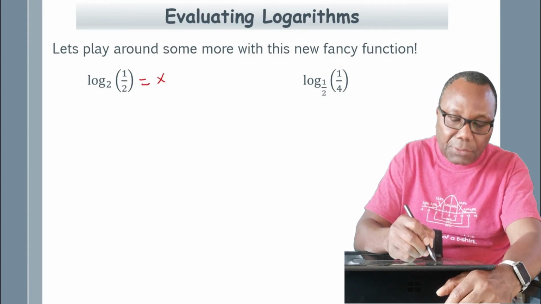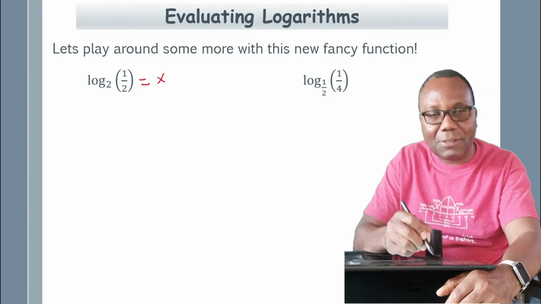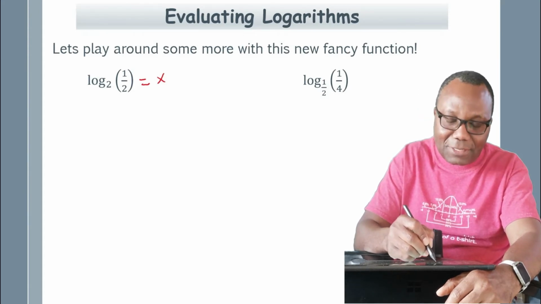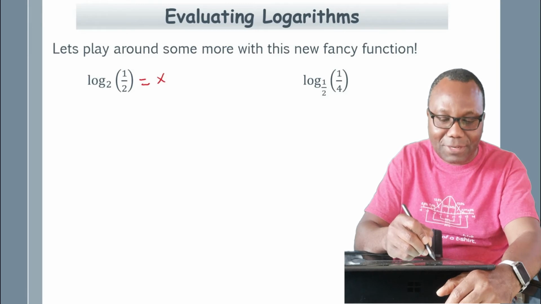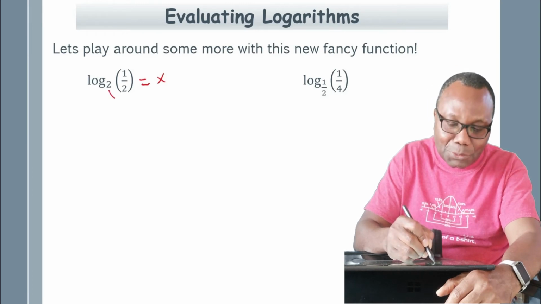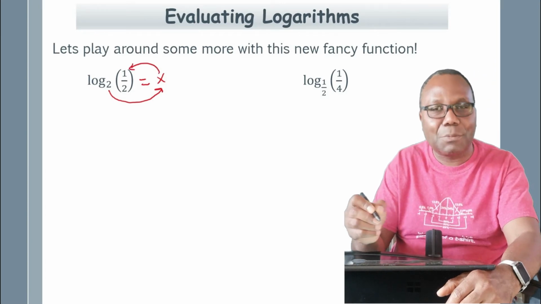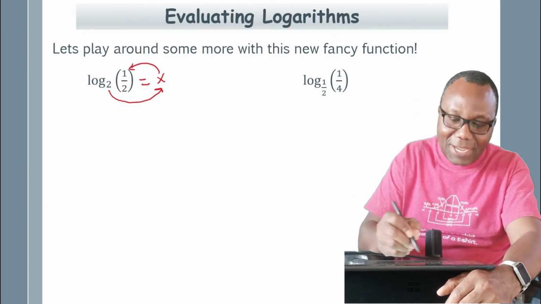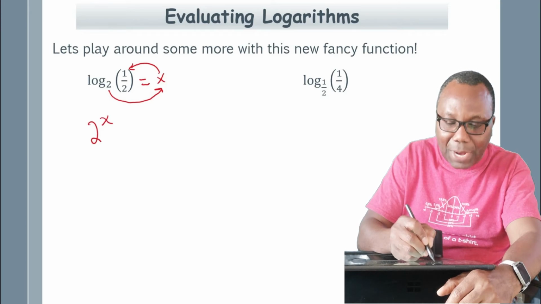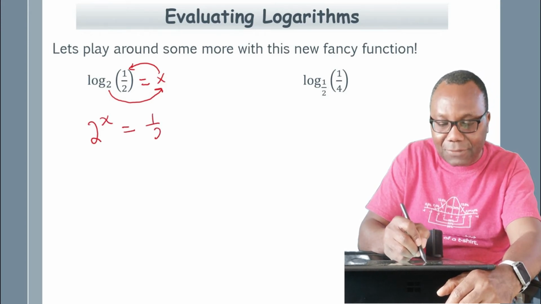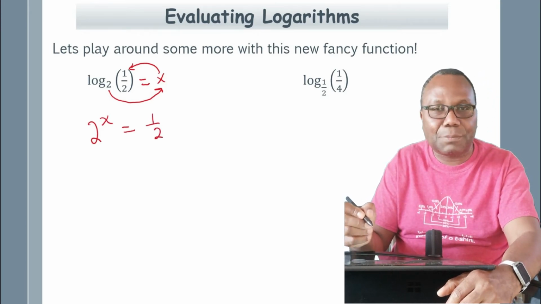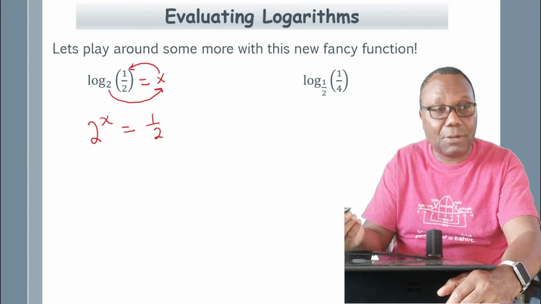Let's do what my students call the cycle of power, or cycle of influence, or cycle of life. So we say 2 to what power will give me 1/2. See, we have converted this equation to an exponential equation.